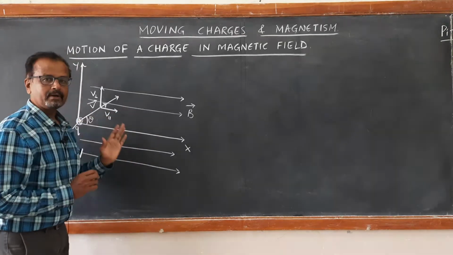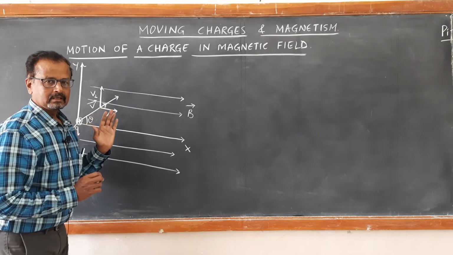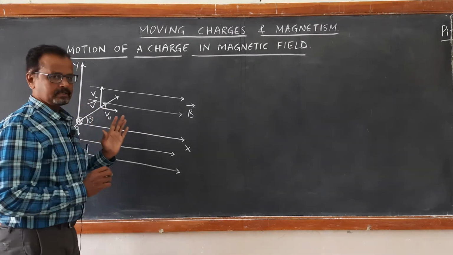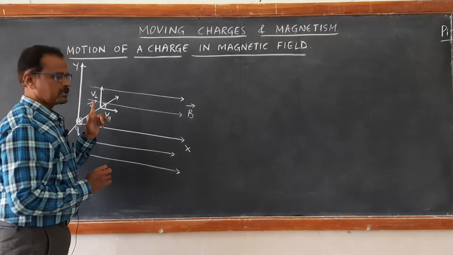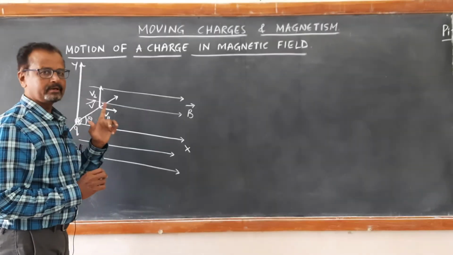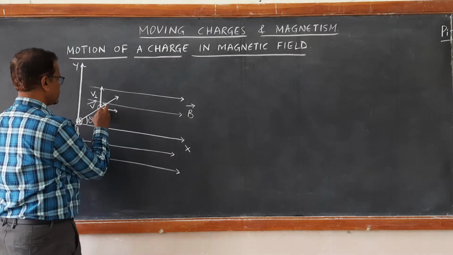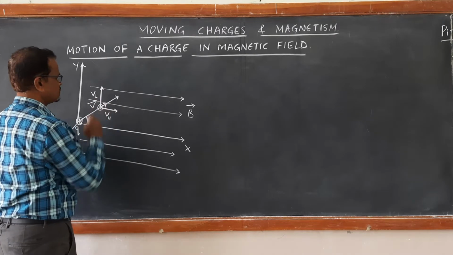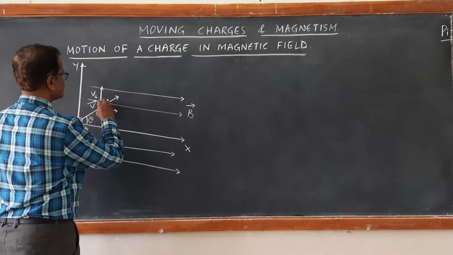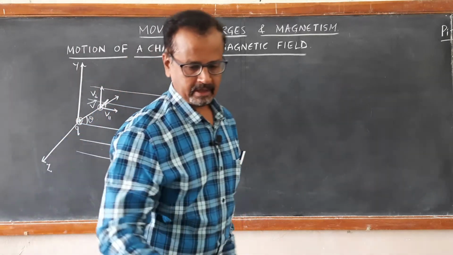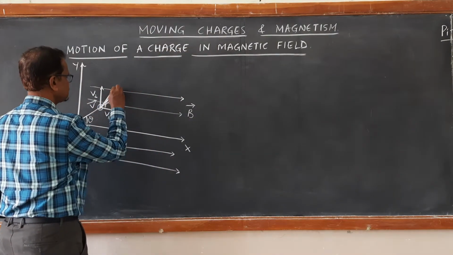Whereas the perpendicular component of the velocity vector will experience a Lorentz force, because it makes 90 degrees with the magnetic field. As a result, the charged particle experiences a Lorentz force and starts undergoing circular motion. It will have a circular motion like this.